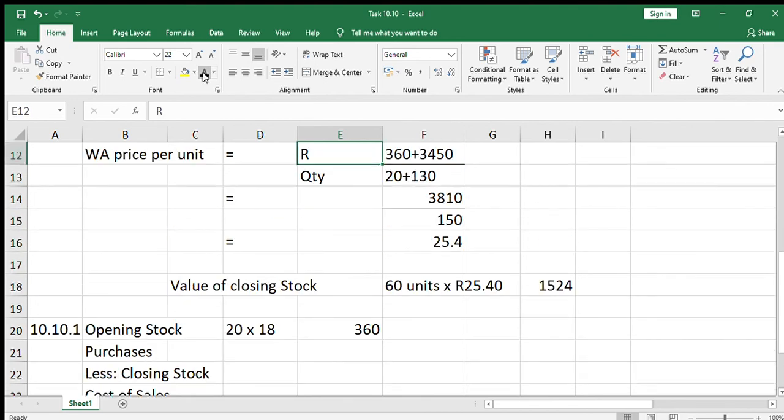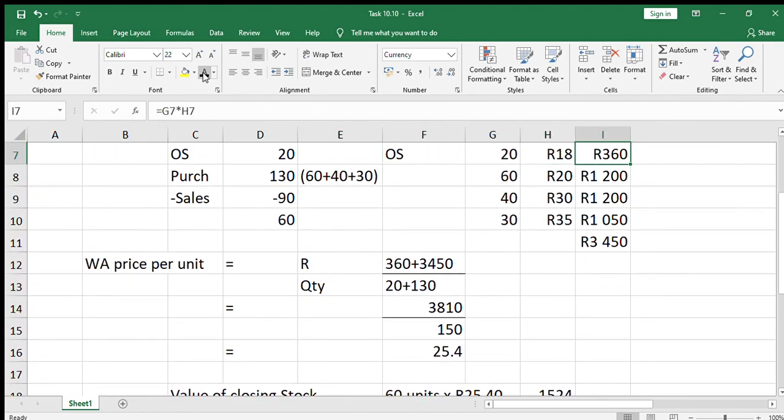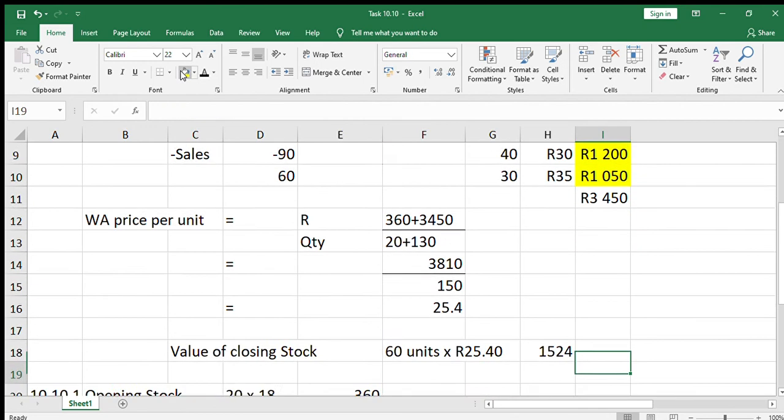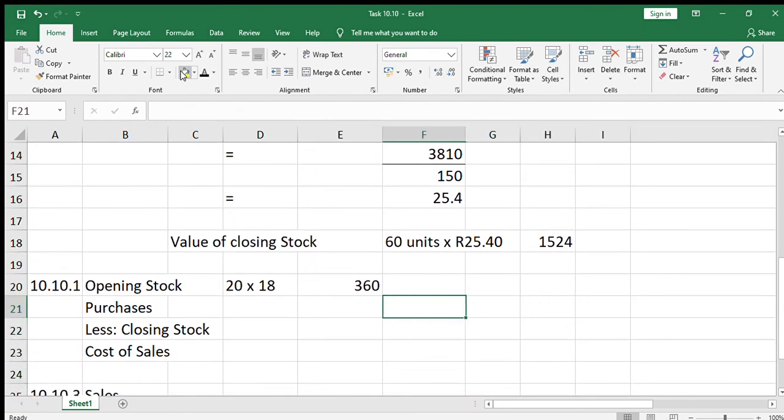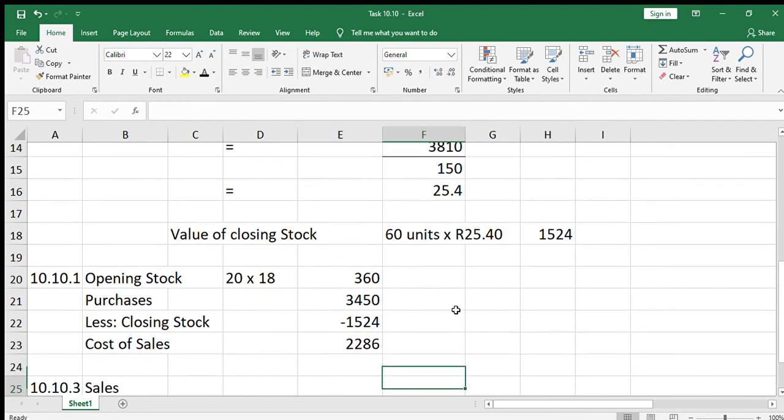The purchases value was just these three figures added up, which gave us 3,450. The closing stock, which we just worked out above, is always in brackets, so minus 1,524. And we work out the answer of cost of sales, 2,286.